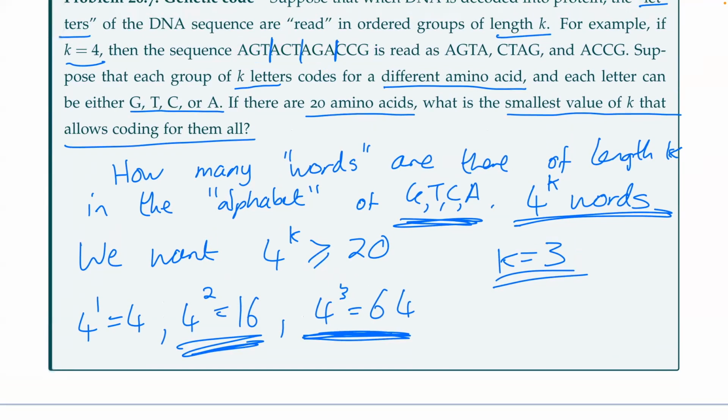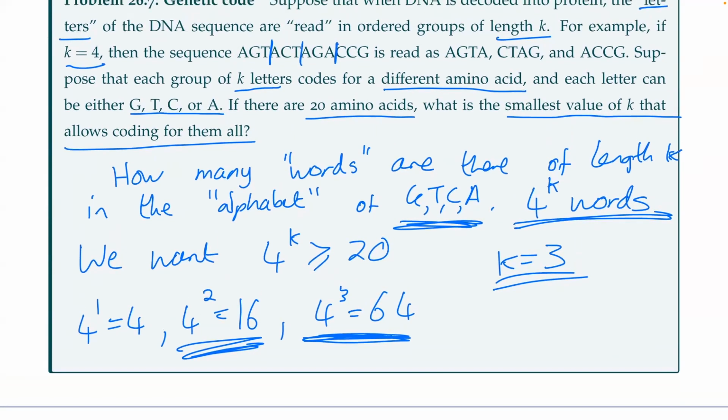A really interesting thing, I don't know what you guys know about the history of cracking the genetic code, but when people were trying to understand how we go from these genetic sequences into proteins, how do we read these? The key thing that caught people out for a long time was this idea of degeneracy. Because A, G, T, and C can be rearranged in 64 different ways in words of length 3, that means that the same amino acid can be encoded by multiple different sequences.